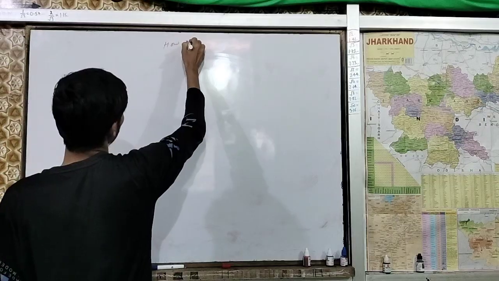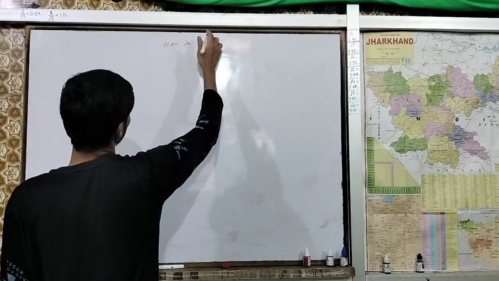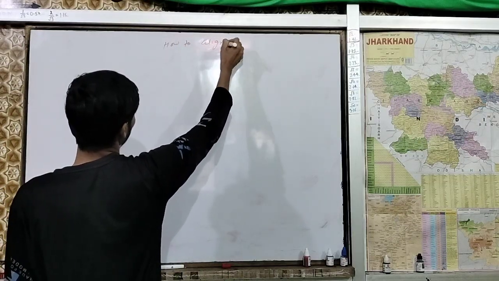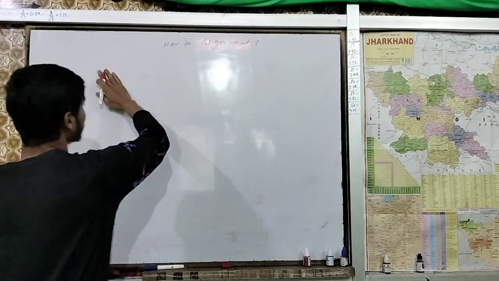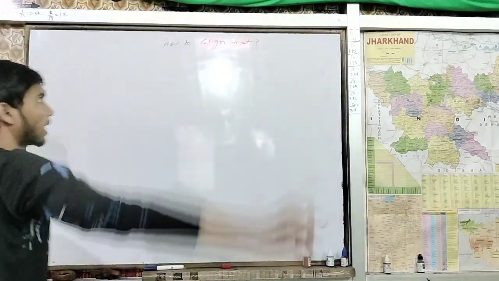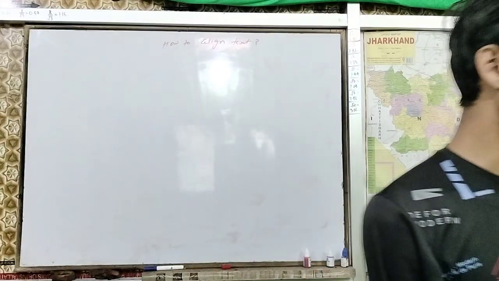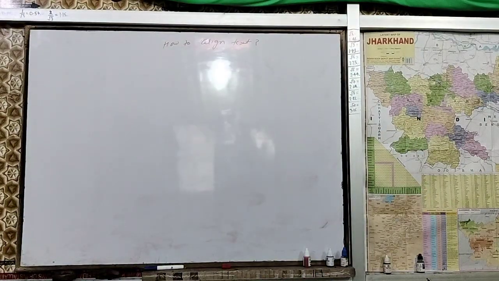How to align text. To align text, we will have to use an attribute.